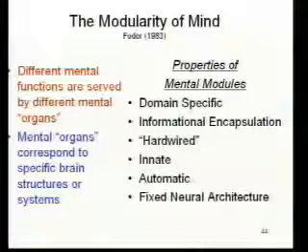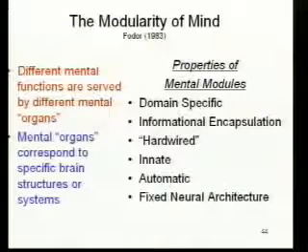The idea that different so-called higher mental functions, not just elementary mental functions like thinking, but like hearing and seeing, different mental functions are served by different so-called mental organs. You can think about the mind as being divided up into specialized organs, and you can think of each of these specialized mental organs as associated with a different part of the brain.